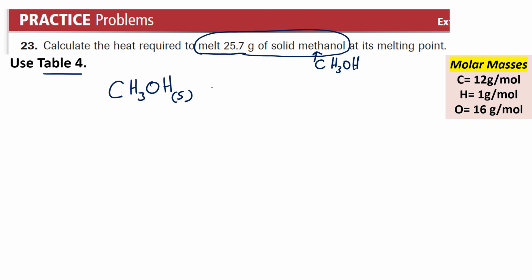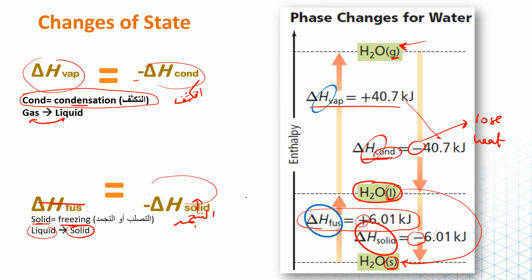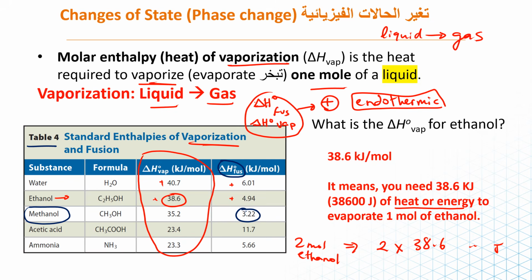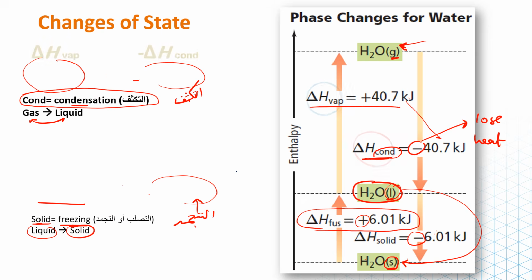Solid will become CH3OH liquid. هذا هو التفاعل من السوليد للليكويد. and delta H fusion equals 3.22 كيلو لاحظوا انه هني بالبوزيتيف. ليش؟ لانها تمتص الطاقة الحرارية. اوكي. Let's just double check. Yes, 3.22 methanol delta H fusion هي الذوبان.